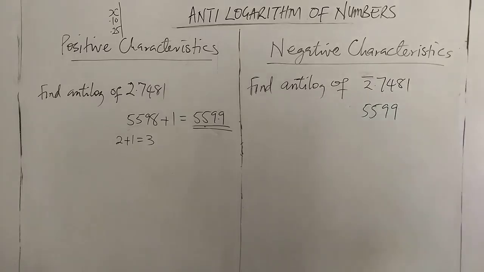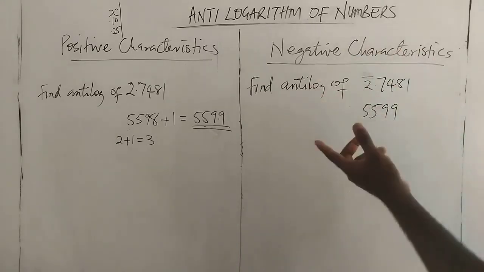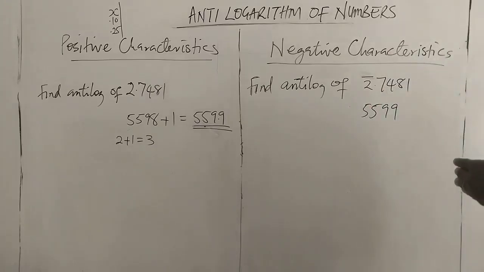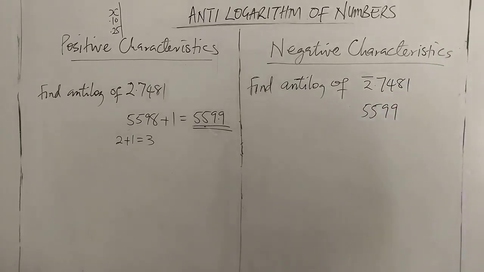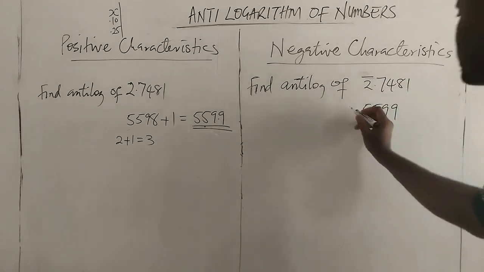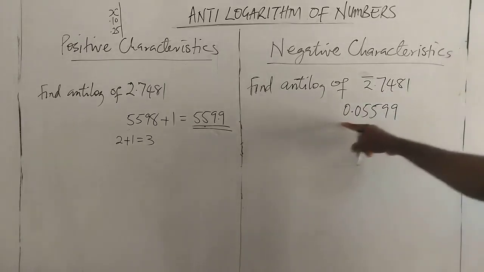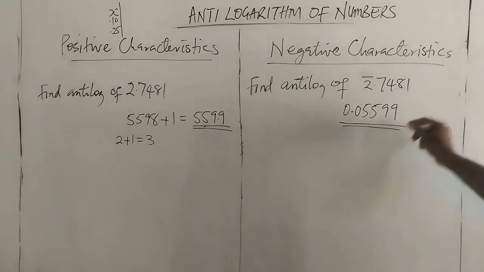This is bar 2. If you go back to what we did when we were finding the characteristic for numbers less than 1, you discover that the number of zeros decides what the characteristic will be. Because the characteristic here is bar 2, bar 2 simply means 2 zeros. So put 2 zeros in this number, 0.00. So this becomes your final answer.